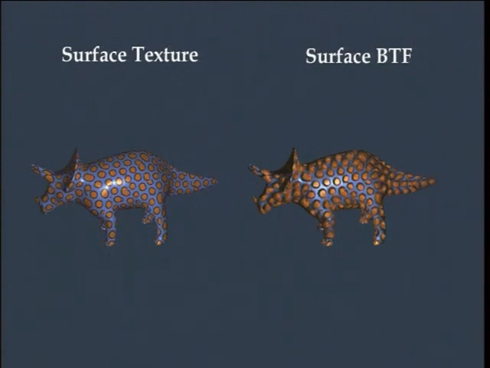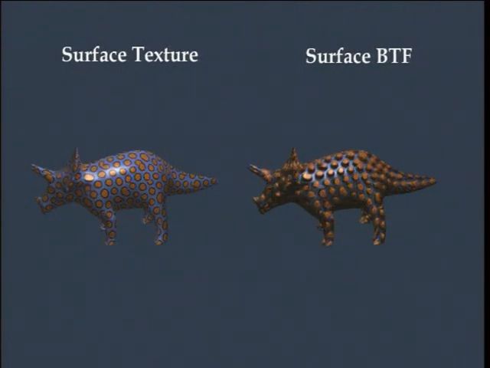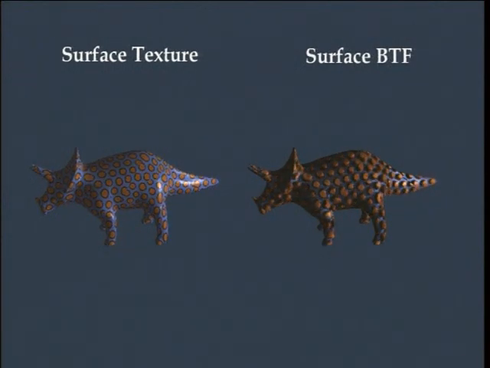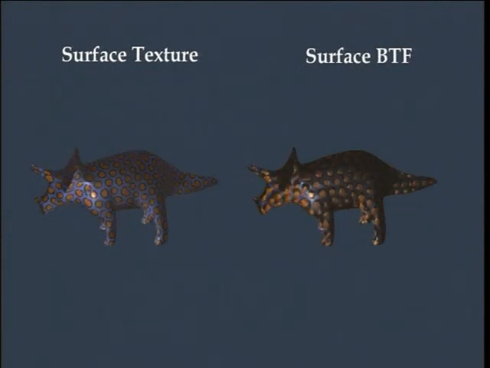Here we compare a surface texture with a surface BTF. The texture looks flat and unrealistic because it does not capture the shading effect caused by the local geometry details.